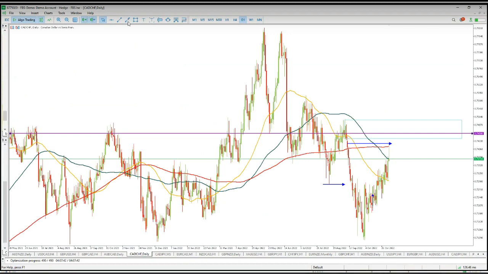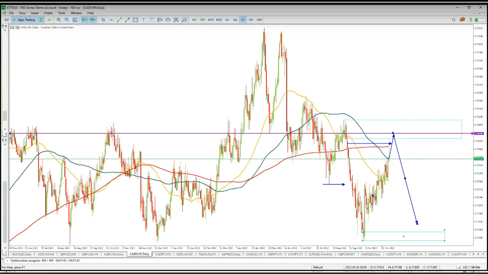If price gets into that other block before dropping, then it would mean that we can literally target these lows, somewhere around here.